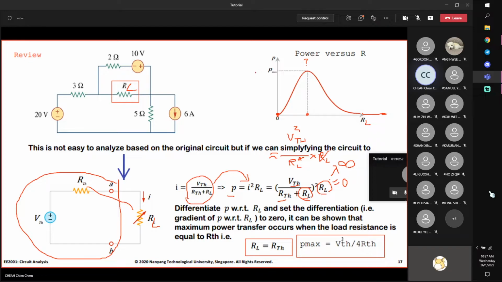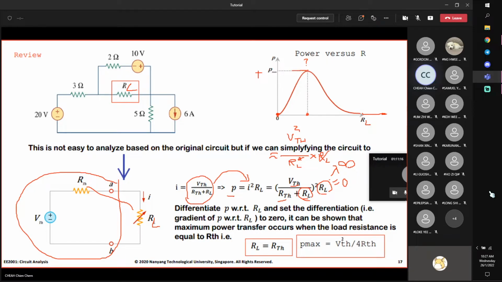Now power is always positive. If it starts from 0 and ends at 0, there must be a turning point, right? It means that there must be a maximum value, because initially it's increasing, but after a certain value it's decreasing because of this relationship, and we need to find out what this maximum value is.